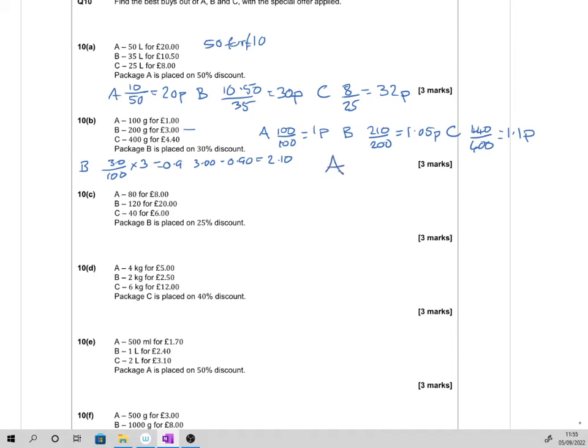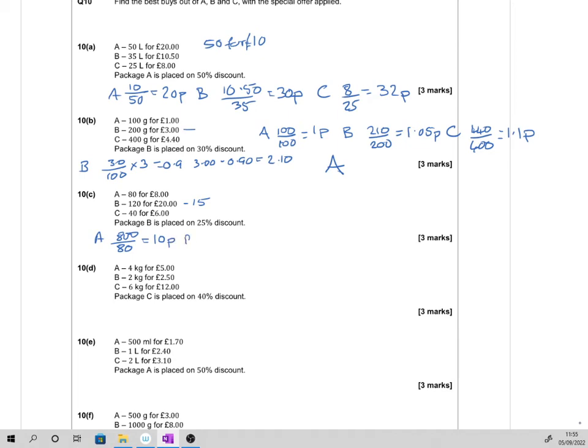Okay, so we've got 25% discount on B. 25% of that is a quarter off, so that's £15. Okay, so A is 800 divided by 80, which is 10, isn't it? 10p each.